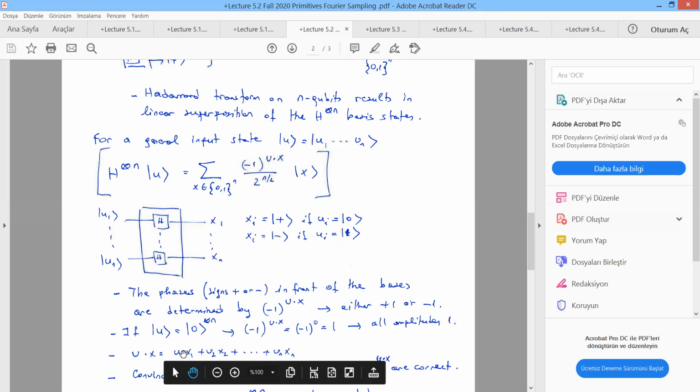And this is a modulo 2 sum. So this is either a 0 or a 1, right?